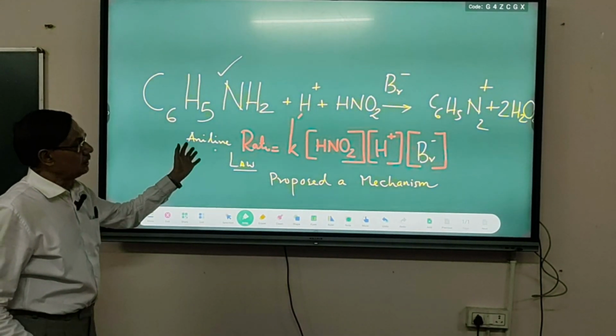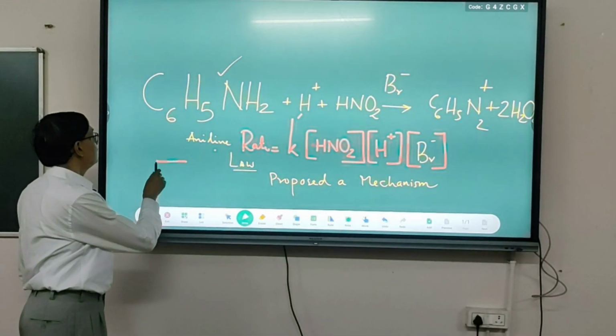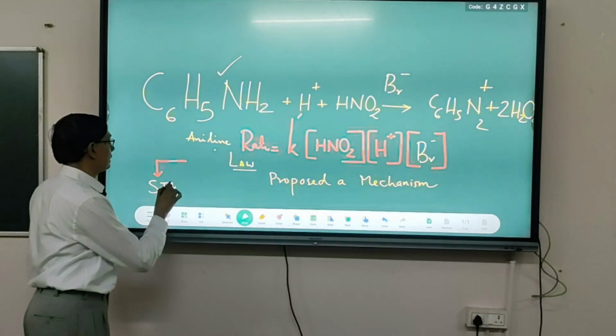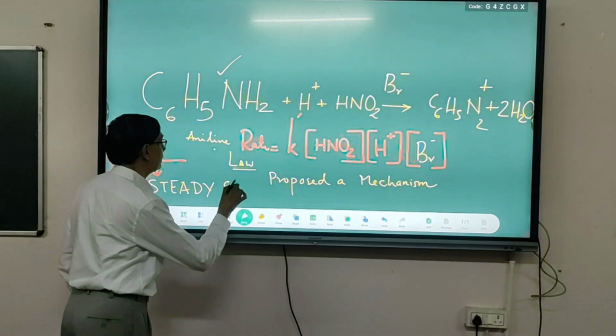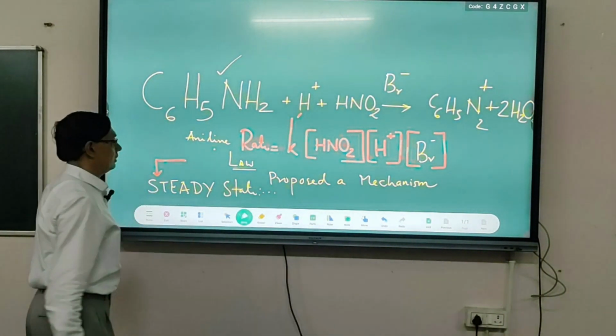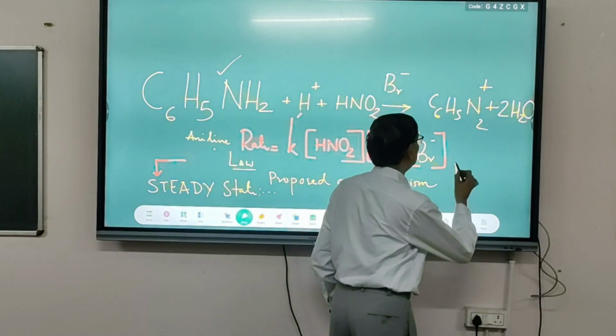Now that problem can be solved by, as I told you, the steady state approximation method, and another method is also there, that is the equilibrium method.